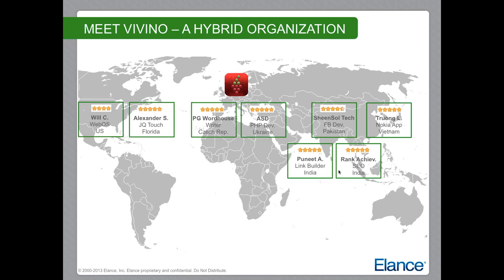So Vivino is for us a true example of a hybrid organization, which allows them to have some people on site in their offices in Copenhagen, but also a large proportion of the team residing in the cloud through Elance, residing all across the world. So this is one of the reasons that Vivino in a very short time has become a leading app for building your own archive of the wines that you like and sharing them with friends.